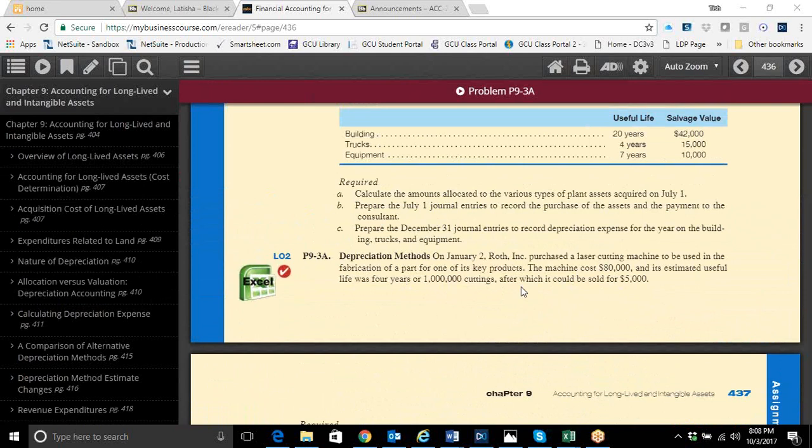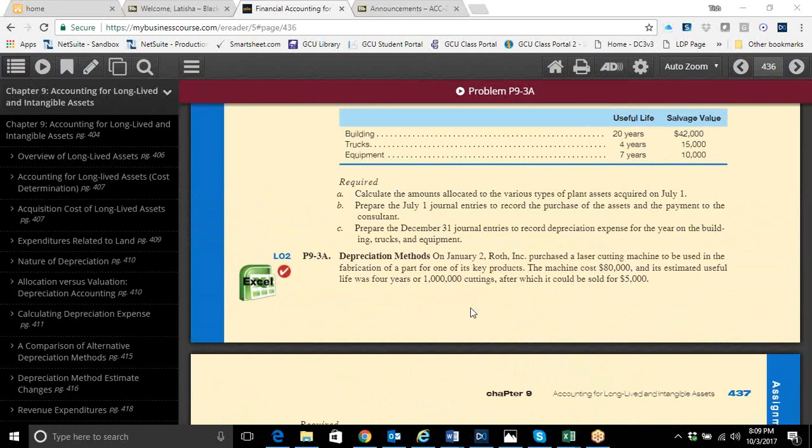All right. So to calculate straight line is very straightforward. Sorry, got distracted for a second. They give you this cost of $80,000, and you have to subtract out basically what it could be sold for. So it's going to be 80,000 minus the 5,000, and then you always want to look for how much useful life it has.